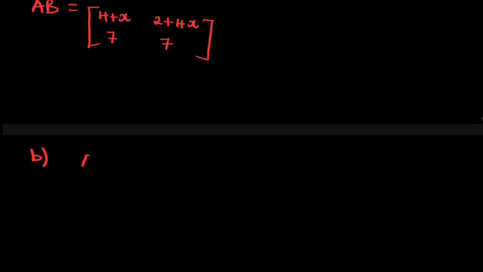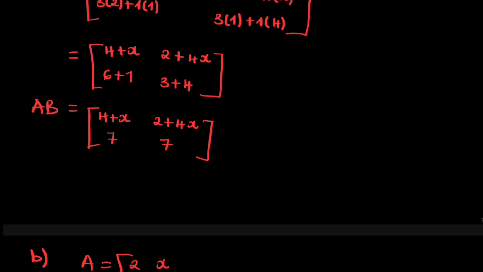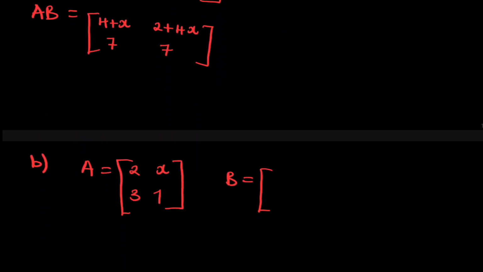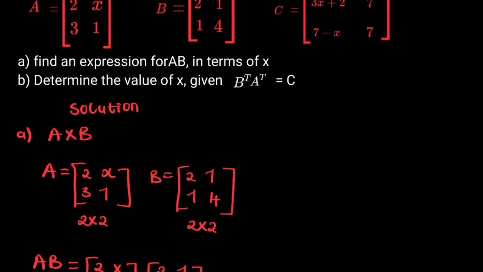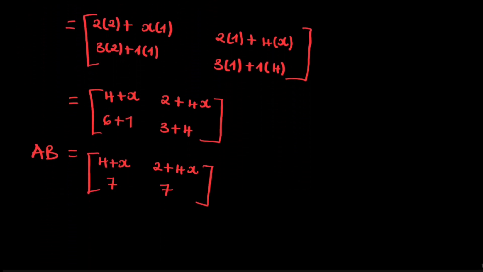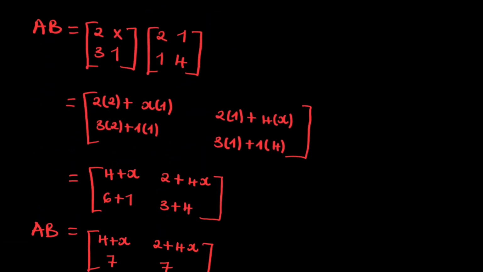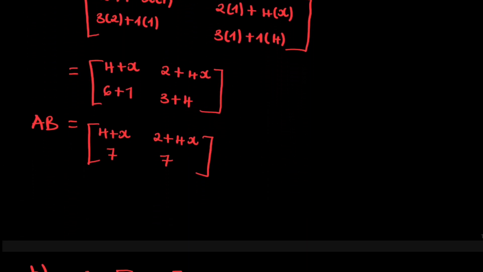A is 2x, 3, 1, B is 2, 1, 1, 4, and let me just write C. What is C? It is 3x, 2, 7 minus x, 7.